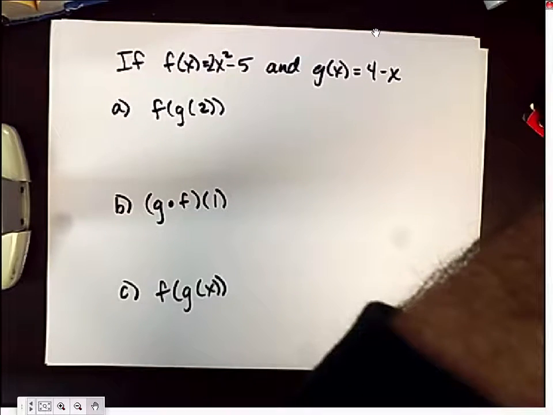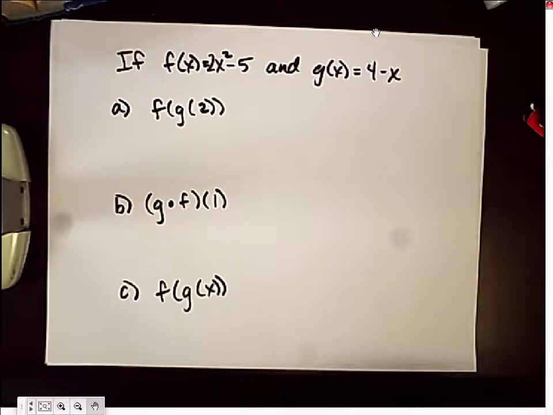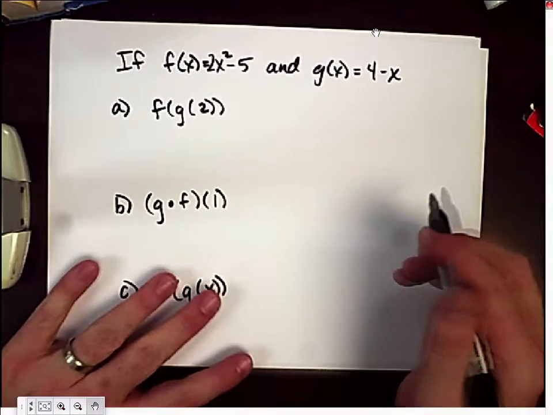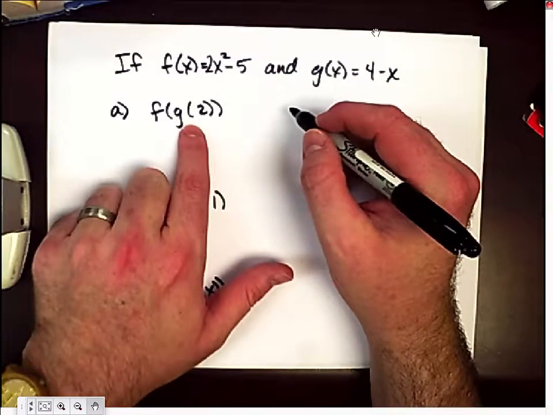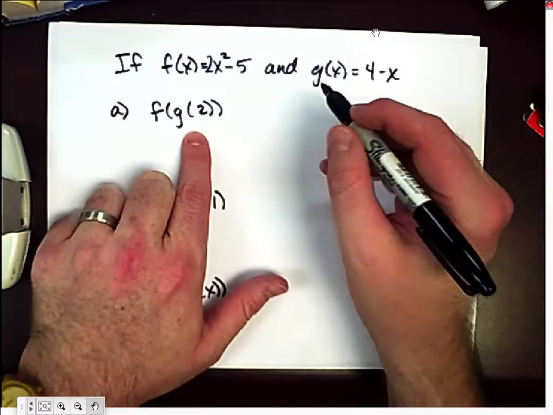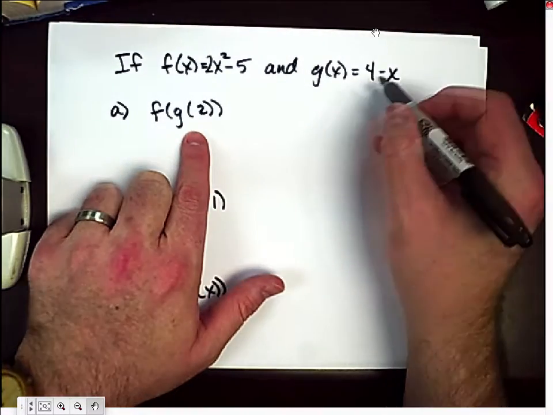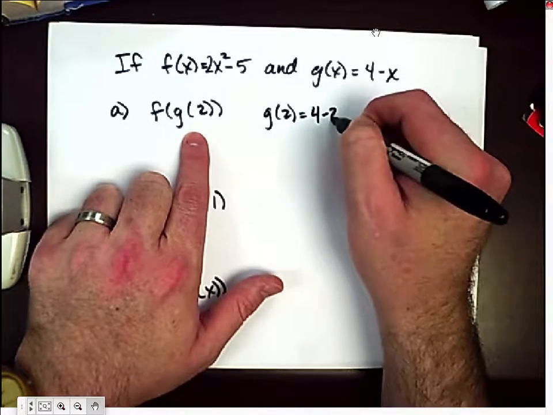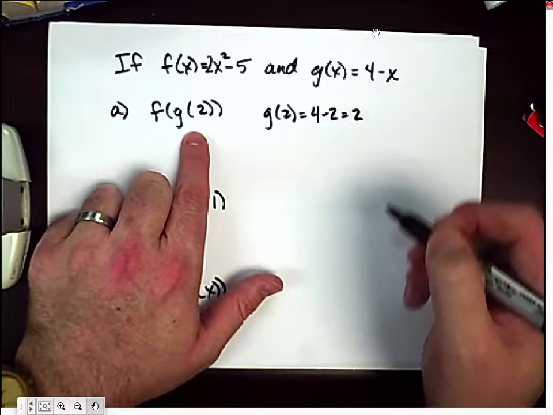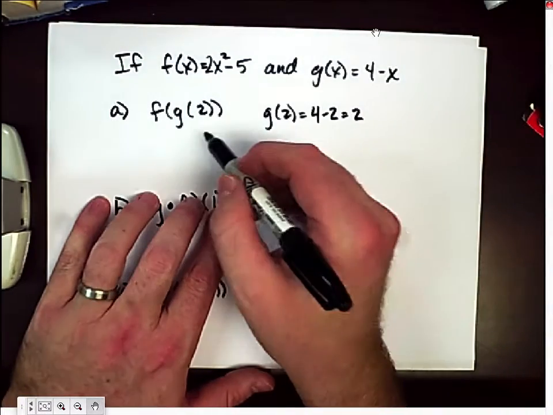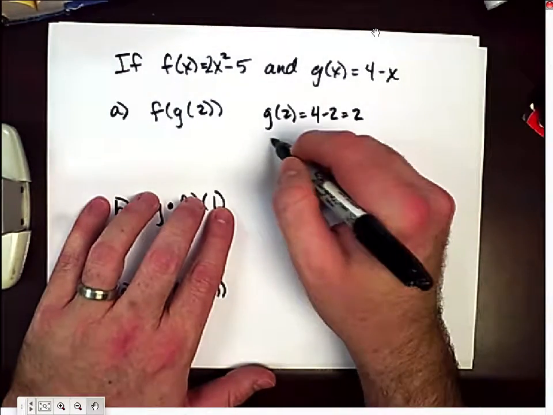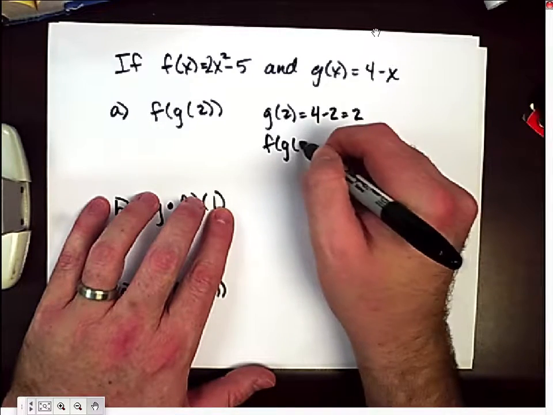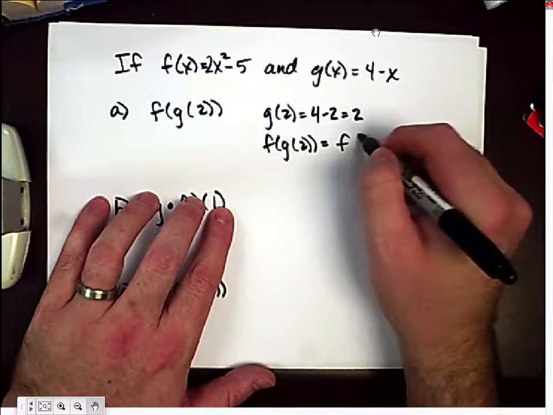Okay, all right. So let's see what we got. What do I plug in first for this one? Right, so g of x is 4 minus x, so g of 2 would be 4 minus 2, which is 2. So I can say that f of g of 2 is the same as f of 2.